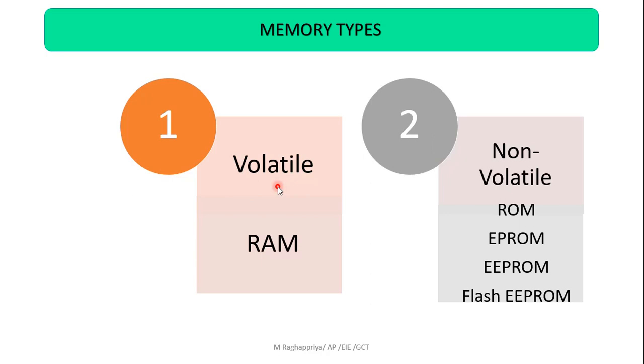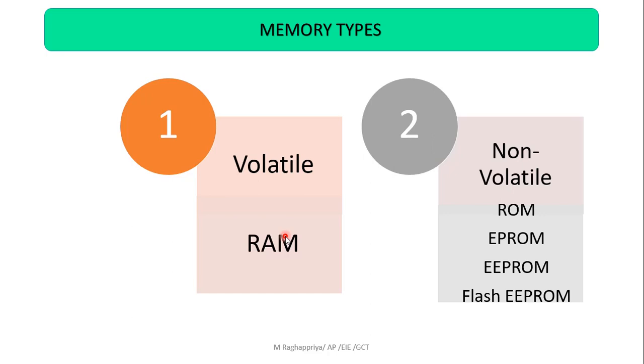Once the power goes off, the information stored in the volatile memory is removed or destroyed. Whereas in non-volatile memory, the information stored will be retained even when the power is off. RAM is the basic example of volatile memory.